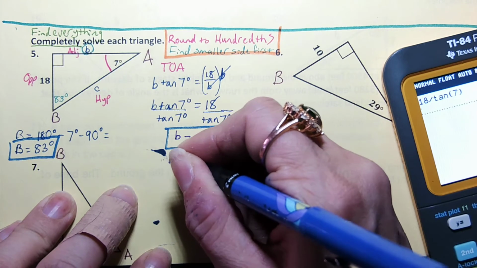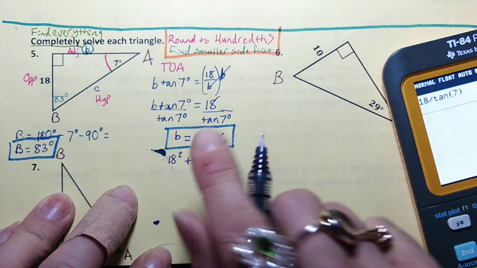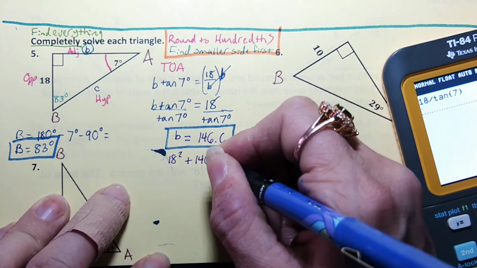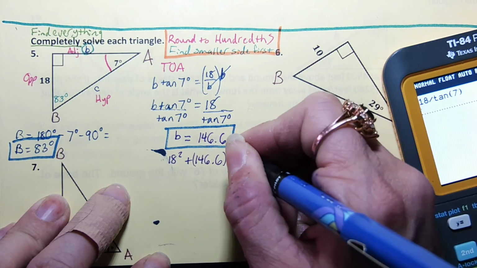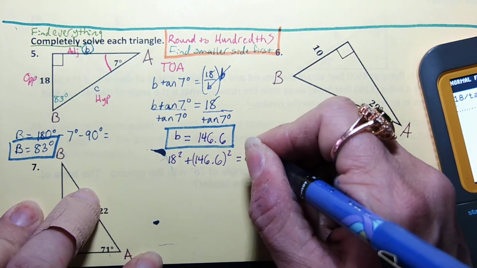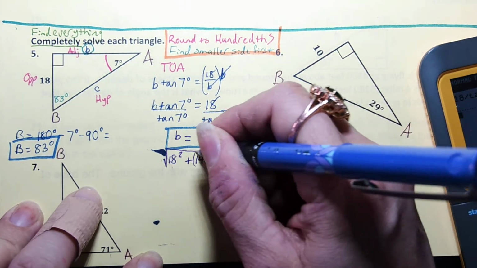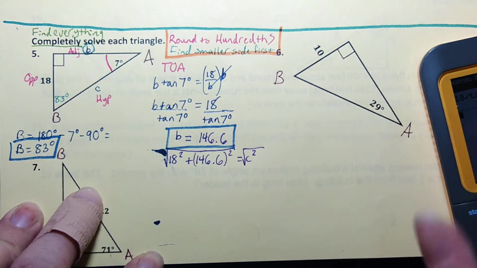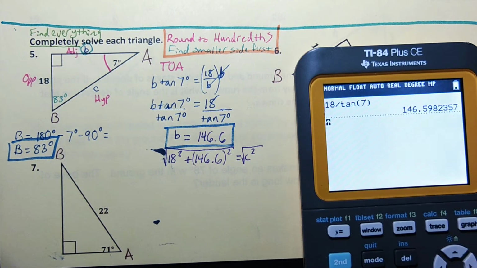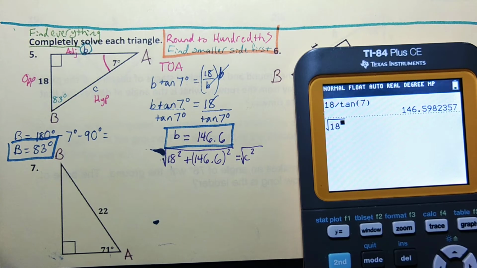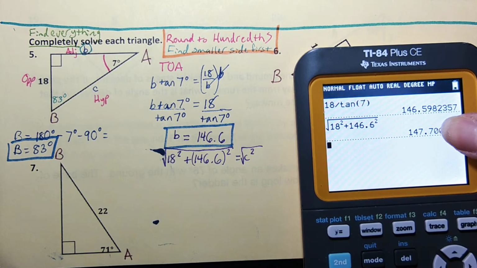So 18 squared plus my b value that I just found, the 146.6 squared, equals c squared. And if I square root all that stuff, so square root 18 squared plus 146.6 squared, we get 147.70.